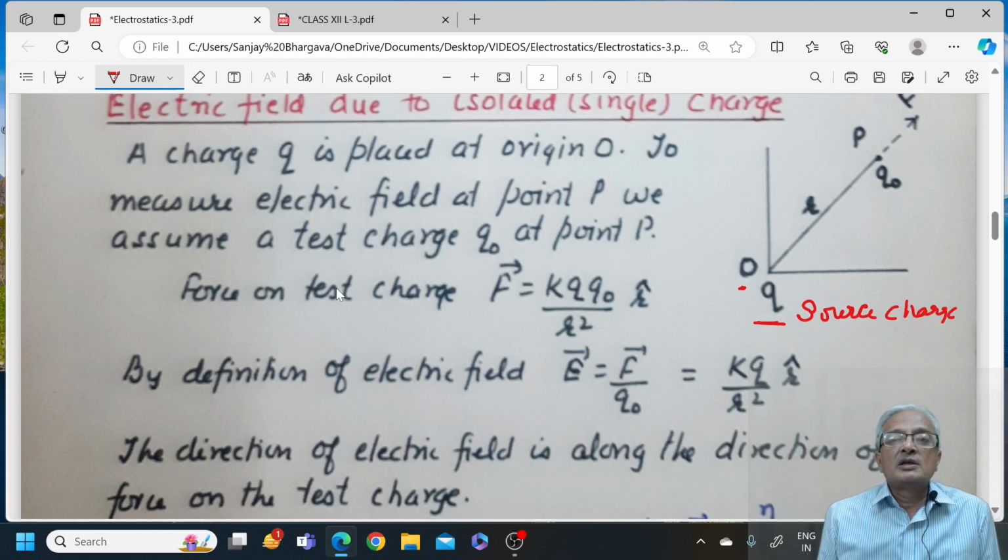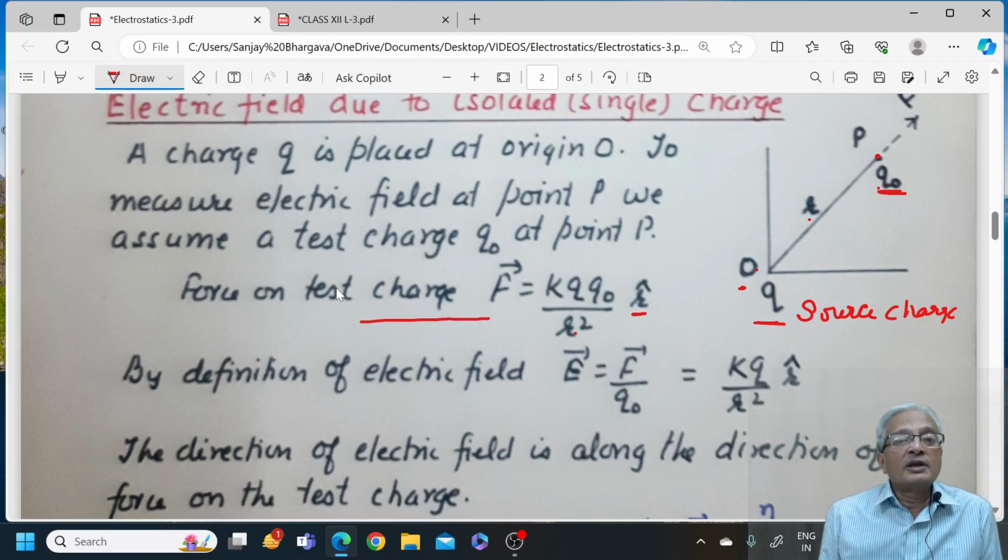Now we imagine we want to calculate the electric field at the point P. Now to measure the electric field, what do we require? A test charge. So Q0 represents the test charge which is placed at a distance r from the origin O. Now how to calculate force on the test charge? Through Coulomb's law. So I can calculate the force on the test charge as k q q0 upon r squared, and the direction is r cap.